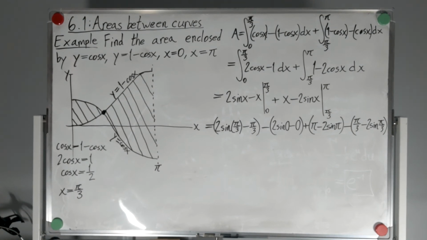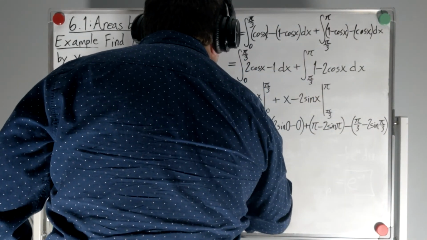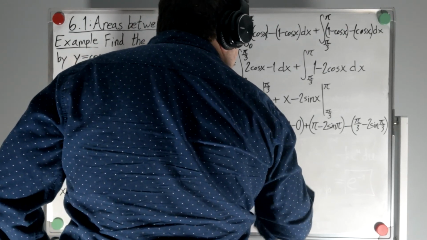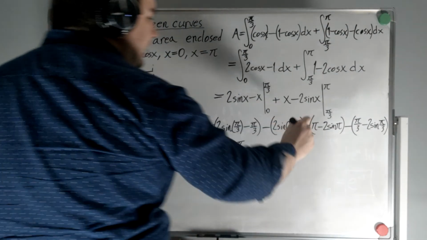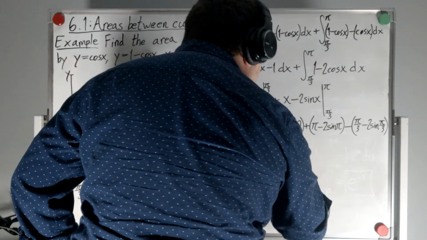Sine of pi over 3 is root 3 over 2, so this becomes root 3 minus pi over 3. Sine of 0 is 0, 0 is 0, pi is pi, sine of pi is 0.